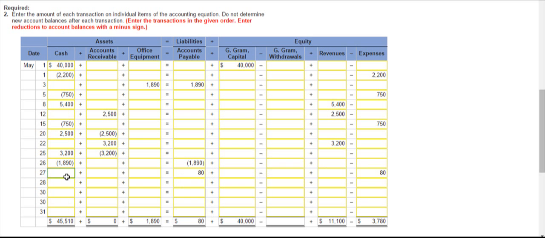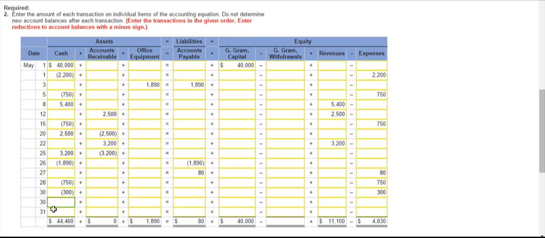On the 28th, paid the salary again, minus $750. $750. Paid $300 cash for the phone bill, minus $300. $300.